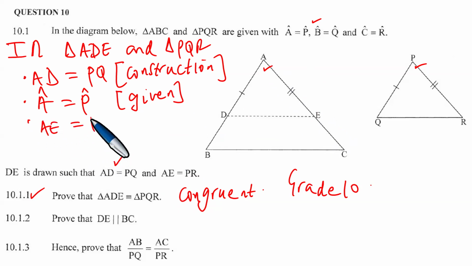And this side AE is equal to PR. And the reason for this is construction.